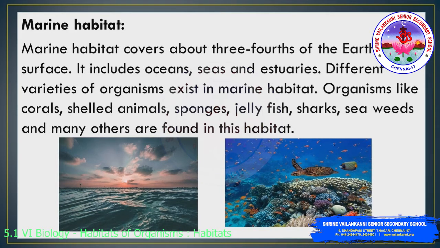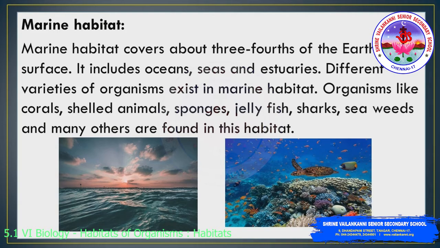The next type of aquatic habitat is the marine habitat. Marine habitat covers about 3/4 of the Earth's surface. It includes oceans, seas and estuaries. Different varieties of organisms exist in the marine habitat.